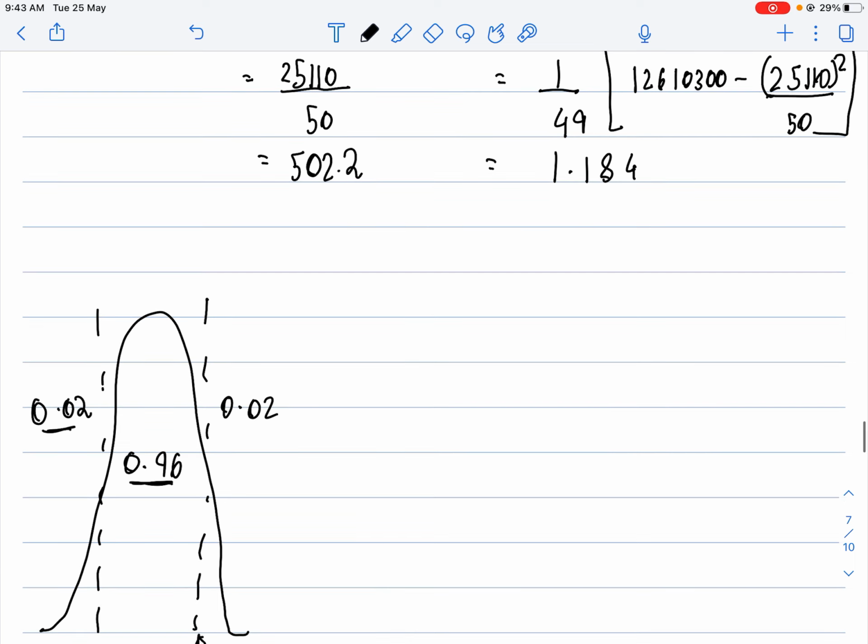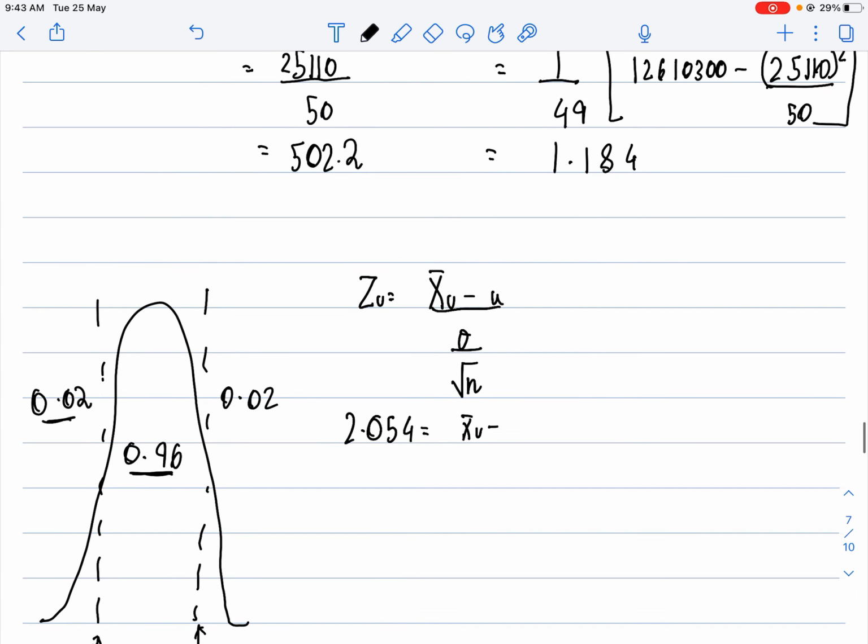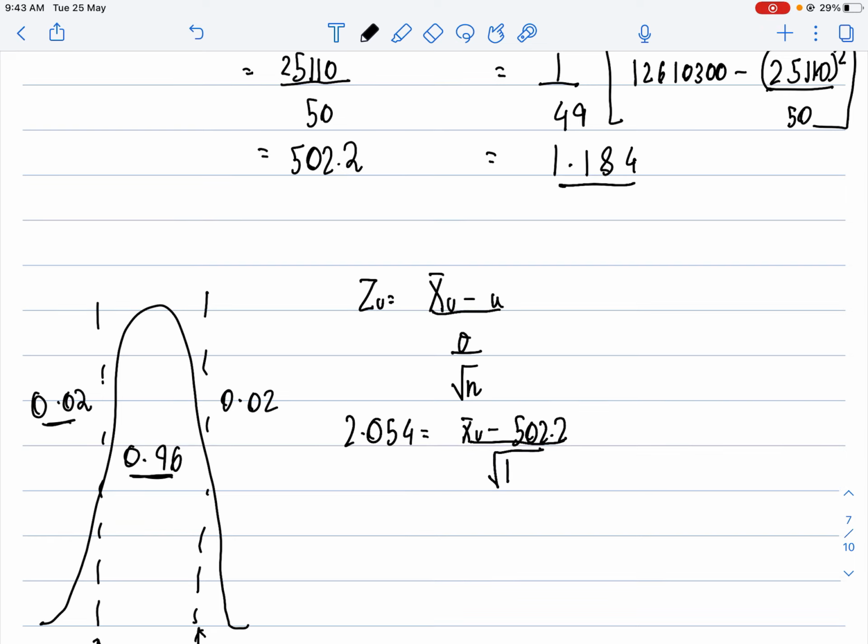So now we can write the upper z equals the upper x minus the mean over the standard deviation over root n. The upper z value I know is simply 2.054, equals the upper x value minus the mean, 502.2, over the square root of 1.184 over root n, which I know is 50.